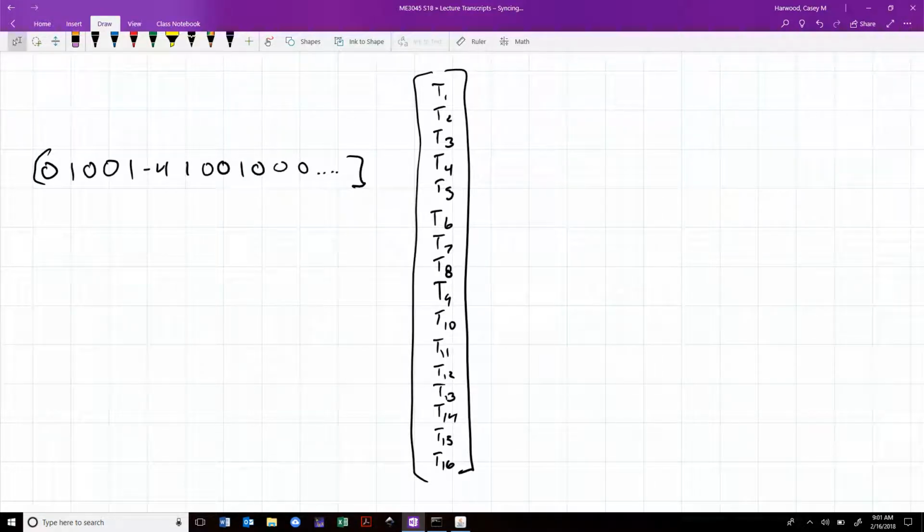What does this multiplication of a row vector by a column vector give us? Well, it's 0 times t1 plus 1 times t2, 0 times t3, 0 times t4, plus 1 times t5, minus 4 times t6, plus 1 times t7. The idea is this is recreating the same expression we wrote before.